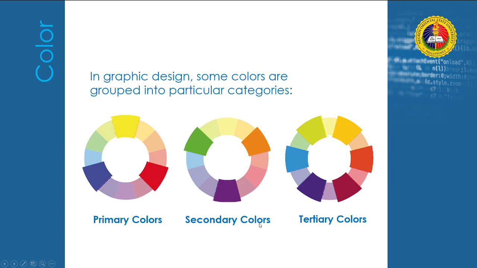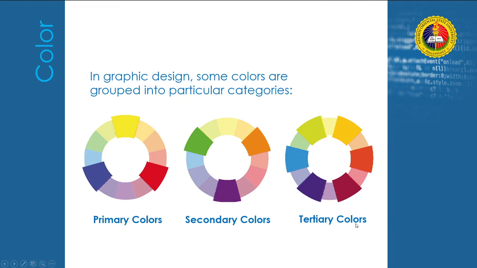So the secondary colors are combinations of the primary colors. If you want to produce orange, all you need to do is combine yellow and red. If you want to produce green, all you need is yellow and blue.